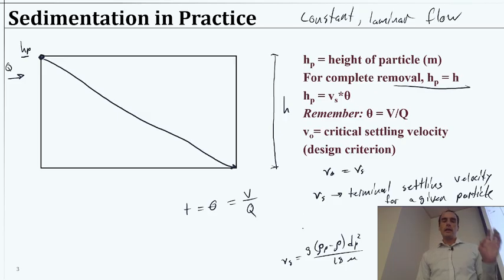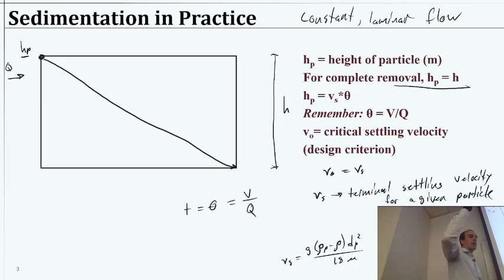Okay, so if Vs is the specific velocity of our particle, we're going to design this reactor to remove that particular particle. We're setting V naught equal to Vs. But this V naught, this critical settling velocity, can be different, and we then either remove not so many particles or we have extra removal capacity.